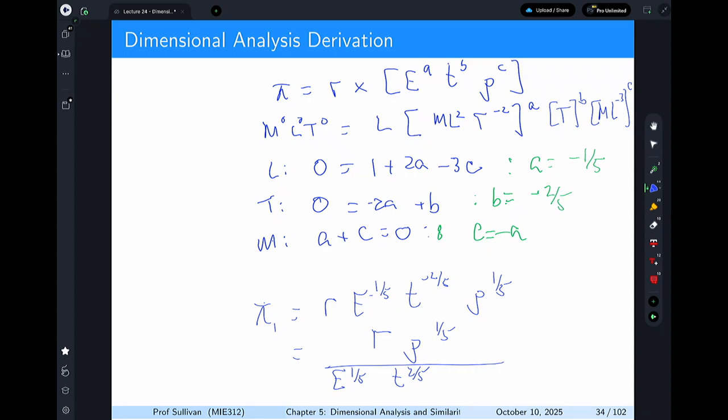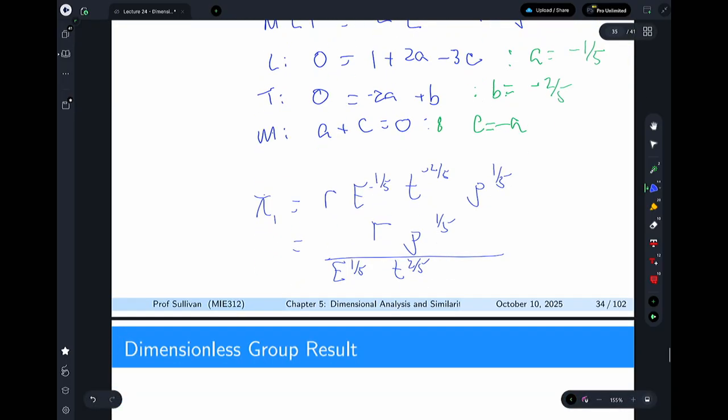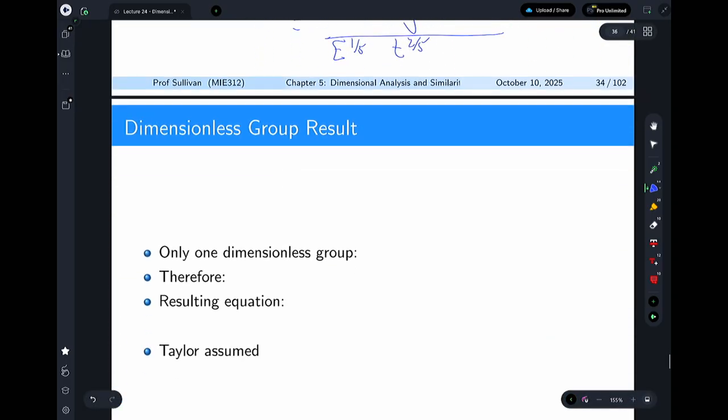So we expect certain things to have repeatable behavior. If I have a nuclear explosion, I will have a very large amount of energy, but I know that if I take a large box of dynamite and blow it up, I can do the same measurement and get some sort of similar correlation. So only one dimensionless group out of this, f of pi 1.